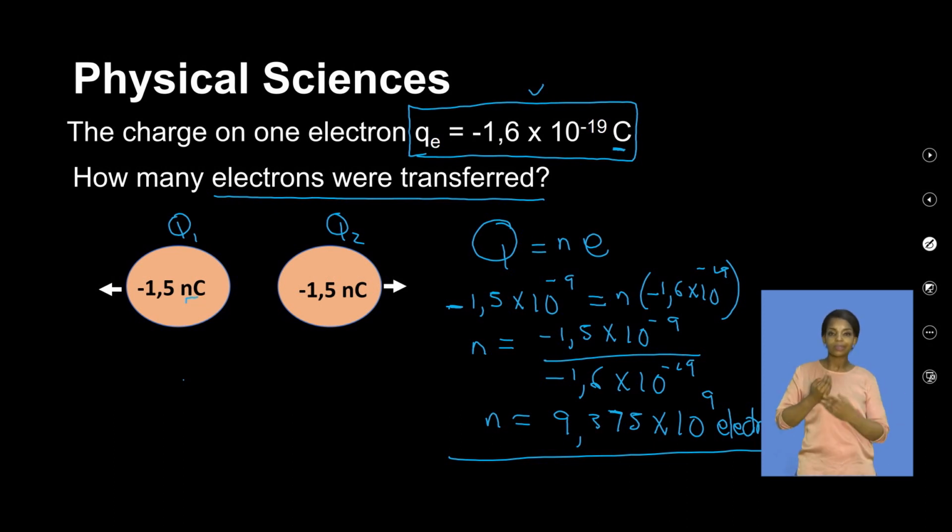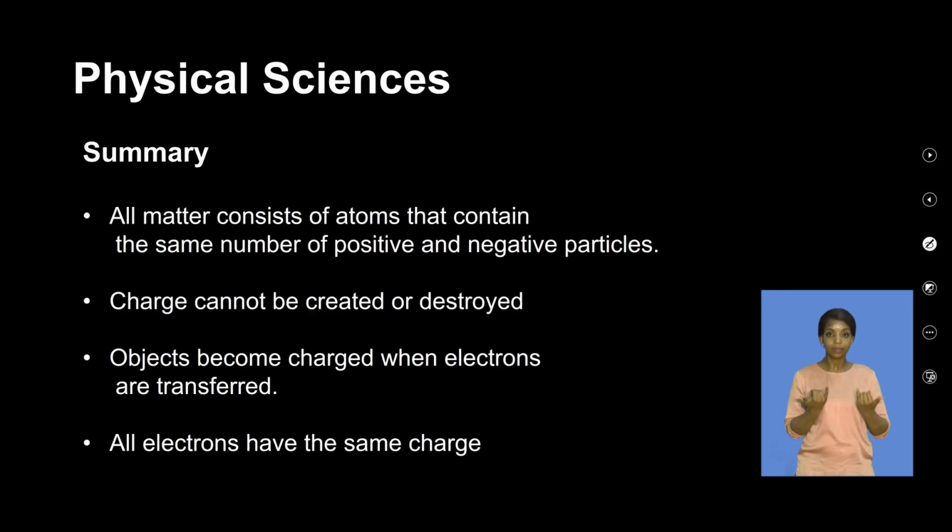Having said that, it takes us to the summary, as an overview. We recognize that all matter consists of atoms, which have the same number of positive and negative charges, provided it's neutral. Charge cannot be destroyed or created. This leads us to the principle of conservation of charge, which tells us that the net charge in a closed system remains constant.